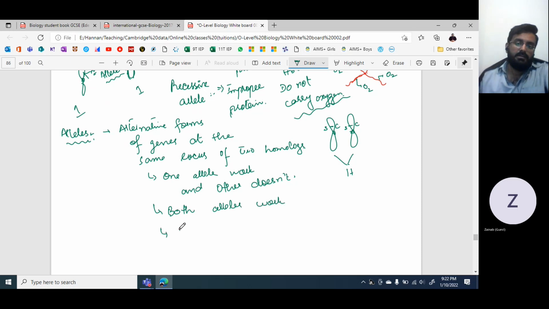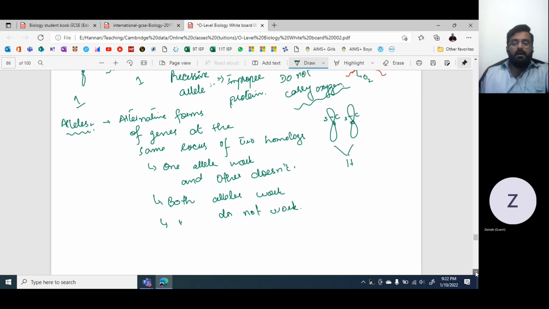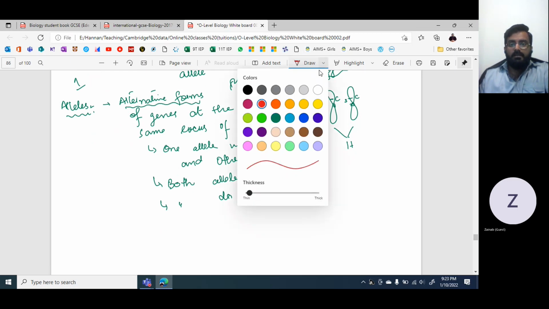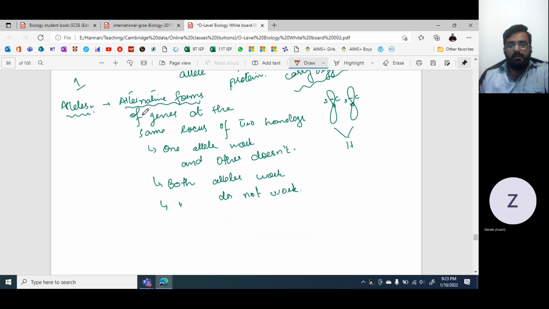And then there is another condition, both do not work. So I am going to tell you a proper term about these alternative forms. There is a term for these alternative forms of the gene.